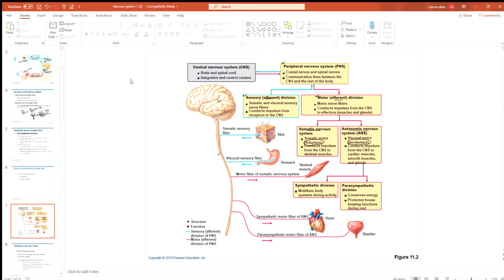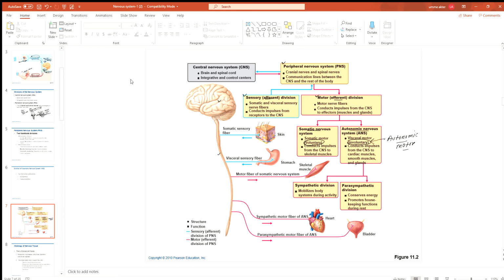Then the brain sends signal to the salivary glands and gastric glands, and those glands cause secretion. That secretion is involuntary, autonomic, because you don't do that. It happens by itself. So involuntary or autonomic. Motor, coming out from the brain to the gastric gland or salivary gland, that's why motor, but involuntary.